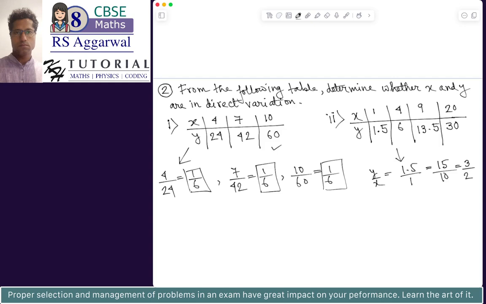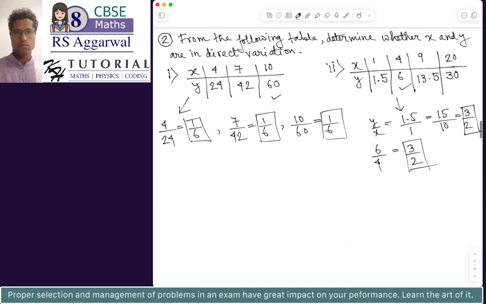Now let's see the ratio y by x for the second set of values. It will be 6 by 4. If you simplify this, this is also 3 by 2. So far, we can see that the values of the ratio y by x are all equal to 3 by 2.